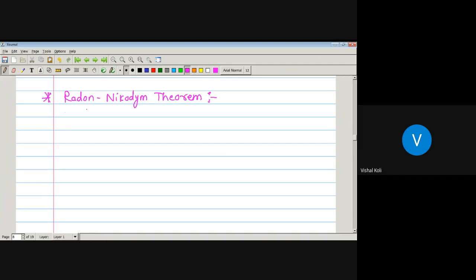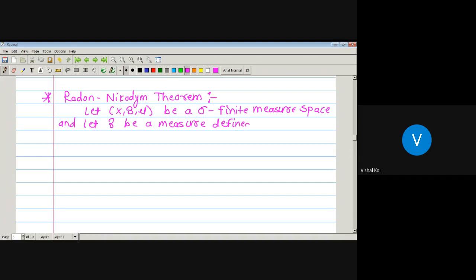See its statement. Let (X, curly B, mu) be a sigma finite measure space, and let gamma be a measure defined on curly B which is absolutely continuous with respect to mu.